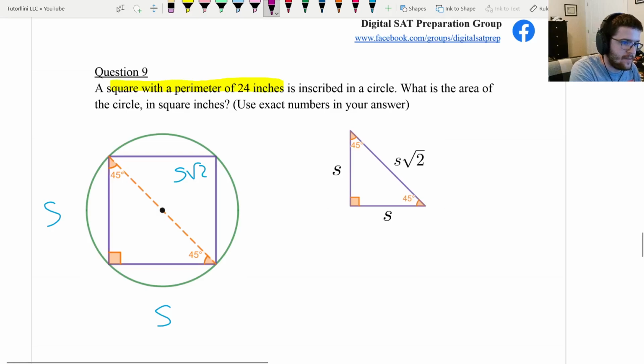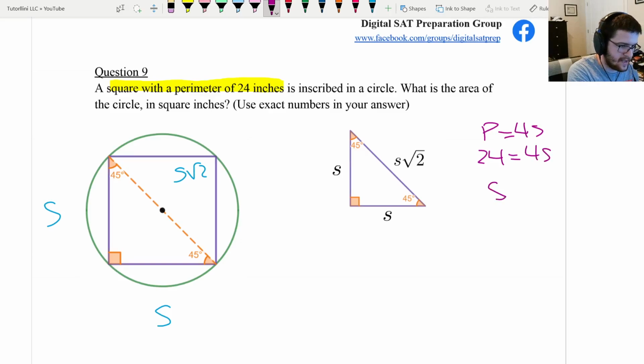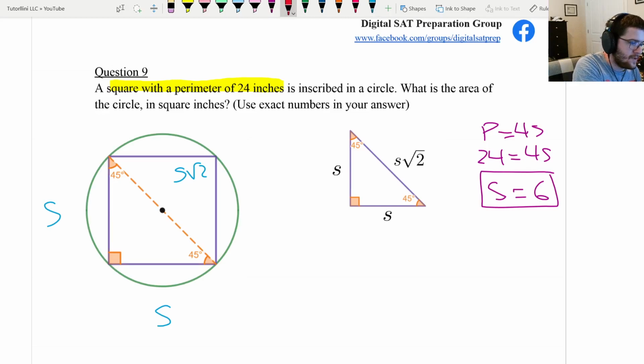So if we use perimeter equals 4S, we can see that if we divide both sides by 4, that the side length is 6. So that's important. So we could put that on our figure. So this is 6, 6, and 6 root 2.